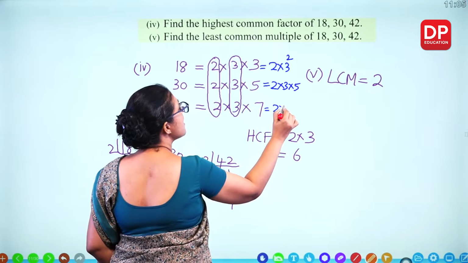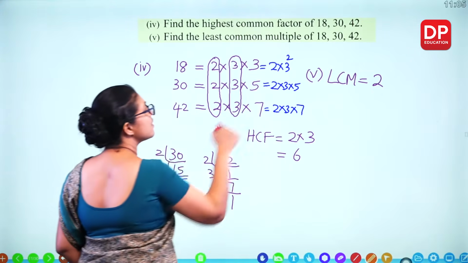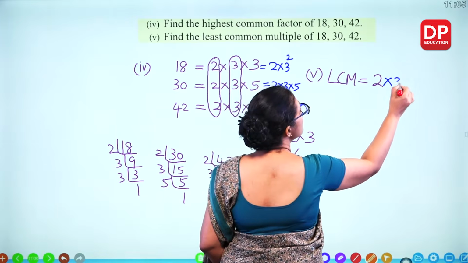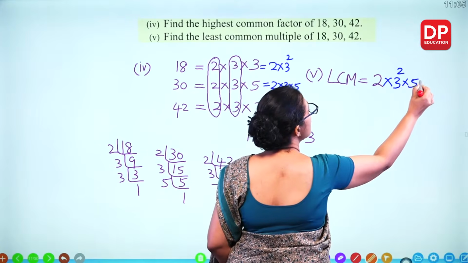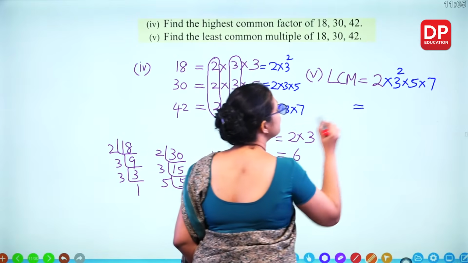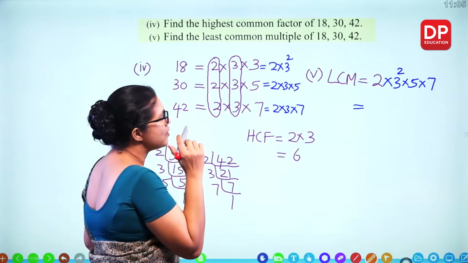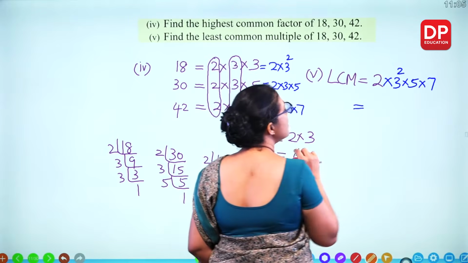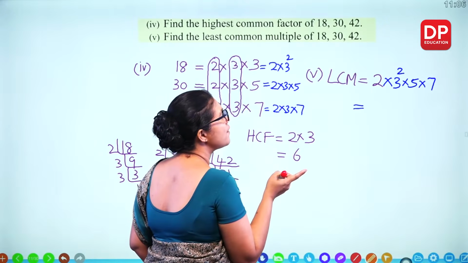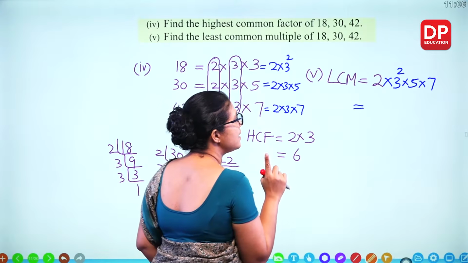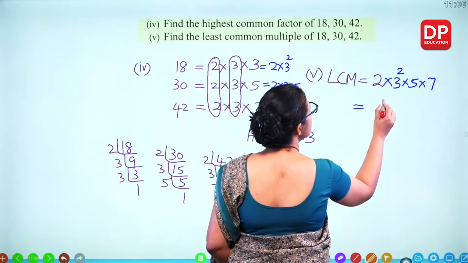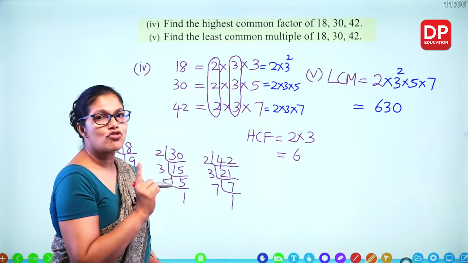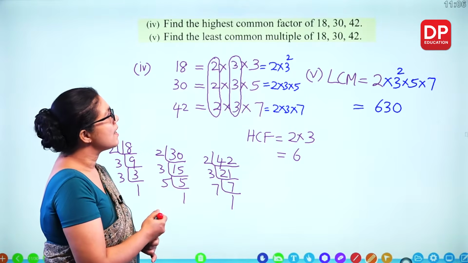And here 2, 3, 7. 3 to the power 2 is the maximum power. So you take 3 squared. And 5 is there, 7 is there. 3 squared is 9. 9 times 5, 45. 45 times 2, 90. 90 times 7, 630. So lowest common multiple is 630.